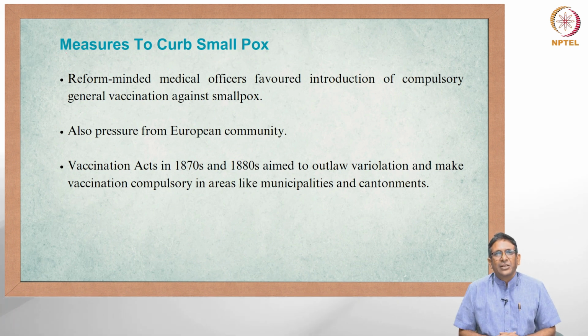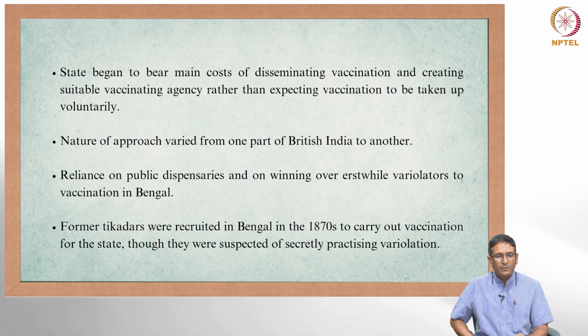One of the important dimensions of these acts was to categorically outlaw variolation as a practice. So, variolation was made illegal, even as vaccination was made available and made compulsory in areas like municipalities and cantonments to start with.